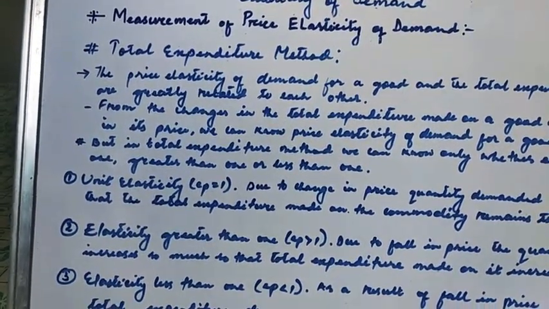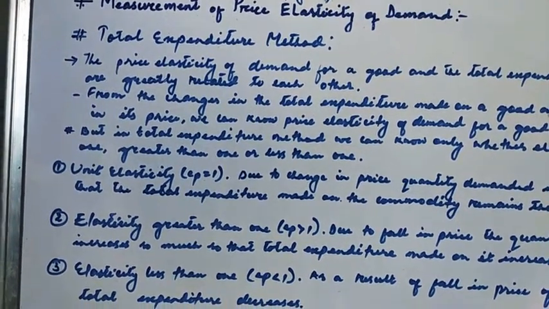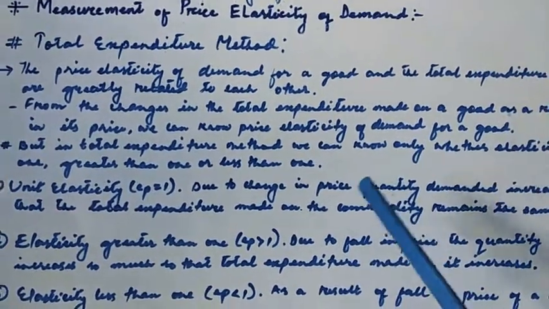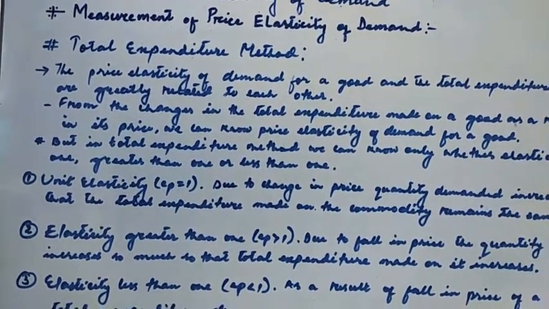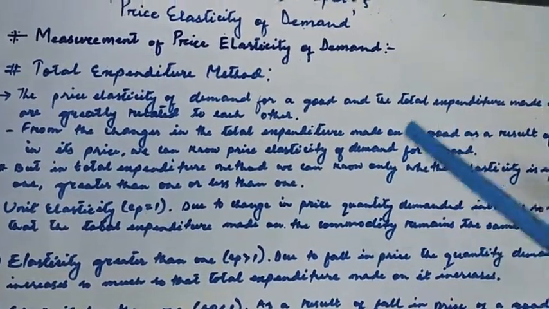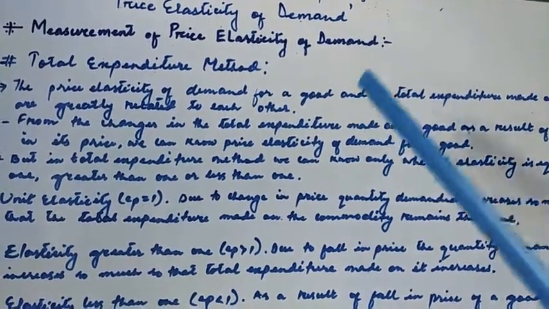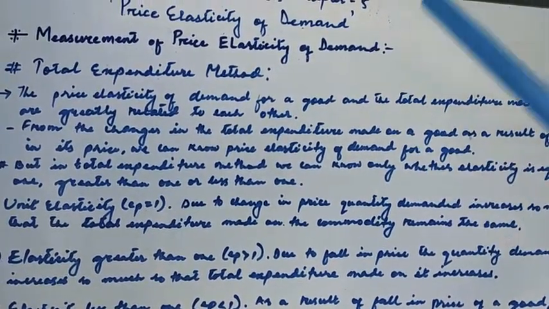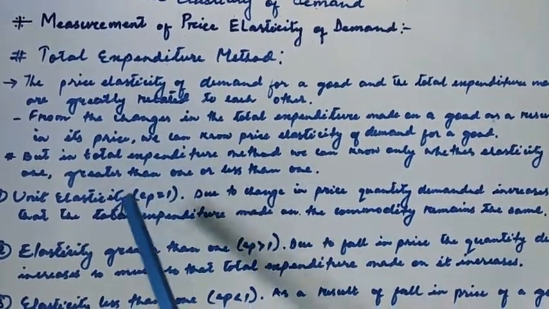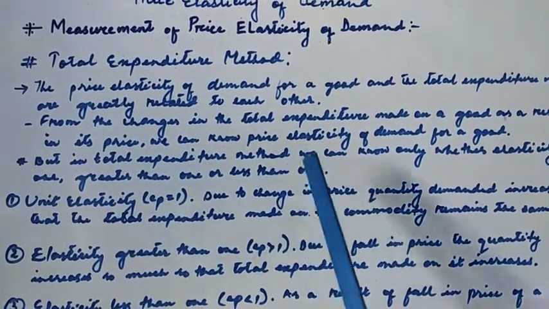This is because the total expenditure made on a good can remain the same when the percentage change in quantity demanded is equal to the percentage change in price. When they are equal, we call it unit elasticity, and EP equals 1.